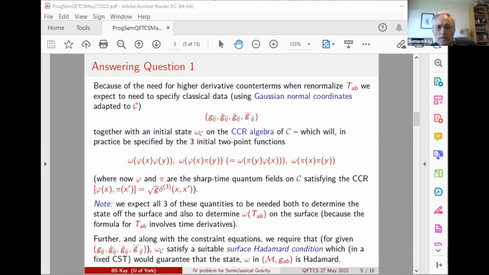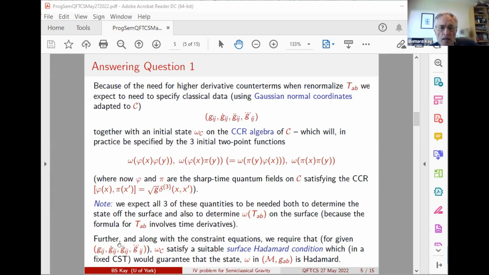Okay, note that we expect all three of these quantities to be needed, both to determine the state on the surface and also to determine the expectation value of the stress energy tensor on the surface, because the formula for T_AB involves time derivatives.